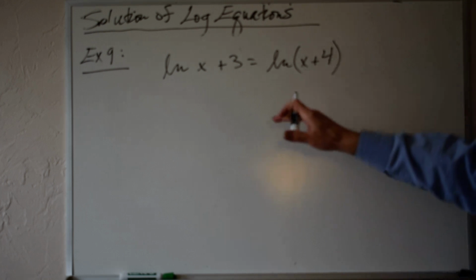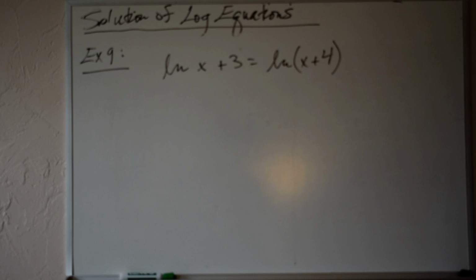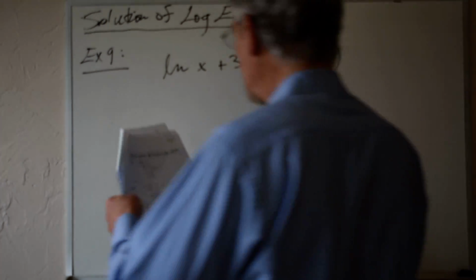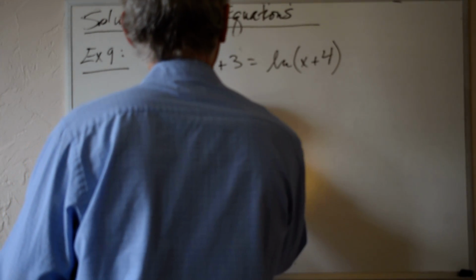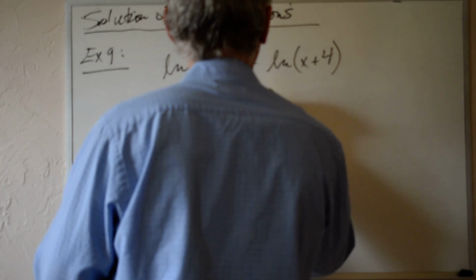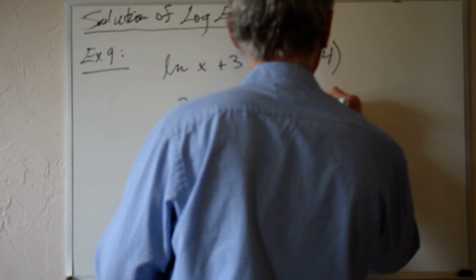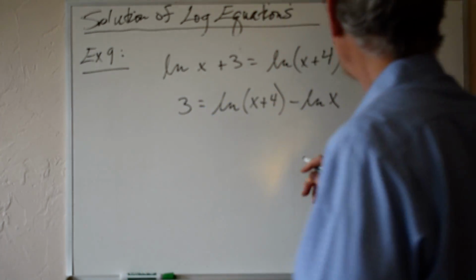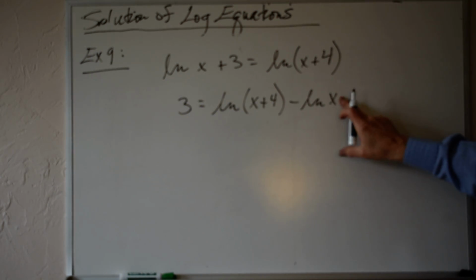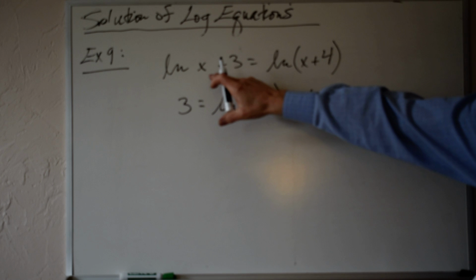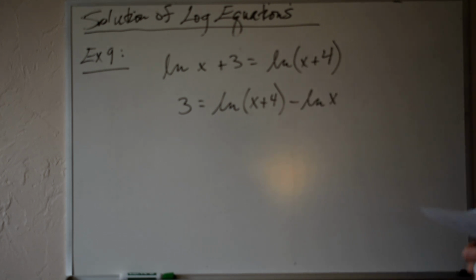The previous approach of just immediately converting everything to exponential equations is not going to work in this messy situation. What you want to do is get all the logs on one side. In this problem, I'll do that by subtracting natural log of x from each side. So I arrive there.